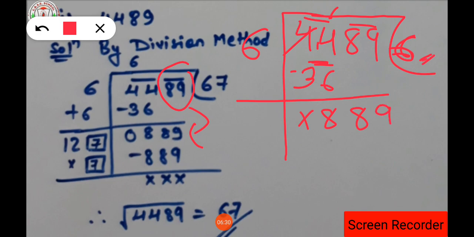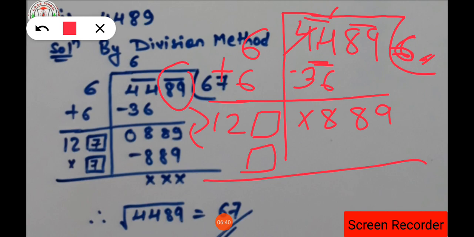This 6 will be added here. So 6 plus 6 is how much? That is 12, isn't it? Now we have to think of a number that should be multiplied in the bracket to get 889. So let us consider the number 7. You have to think of a number, multiply and see.